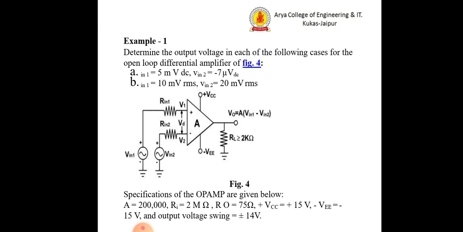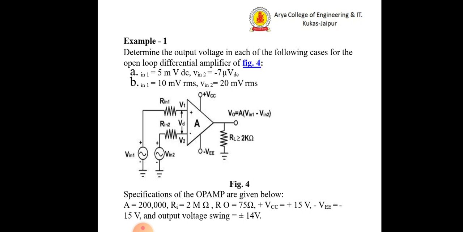Now, we need to have insight into a numerical problem. Given example 1, you are shown an op-amp, and what we have to find? We have to determine the output voltage in each of the following cases for the open loop differential amplifier when input VIN1 equals 5 millivolt DC, VIN2 equals 0.7 microvolt DC, and then VIN1 equals 10 millivolt RMS, VIN2 equals 20 millivolt RMS.